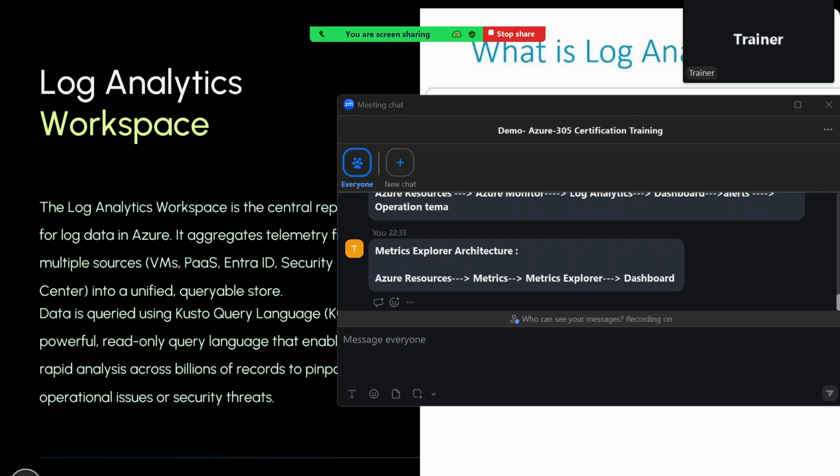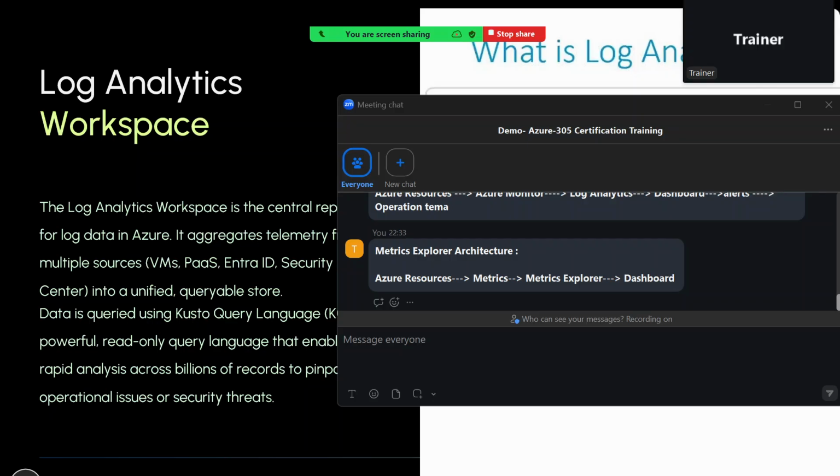And why do alerts matter? Without alerts, a problem starts and the customer discovers it, which is a very big problem. But with alerts, the problem starts, Azure detects it, it notifies the engineer, and the issue is resolved. The customer can't detect it. You can resolve all problems in the backend with the help of alerts. So that's the beauty of alerts.